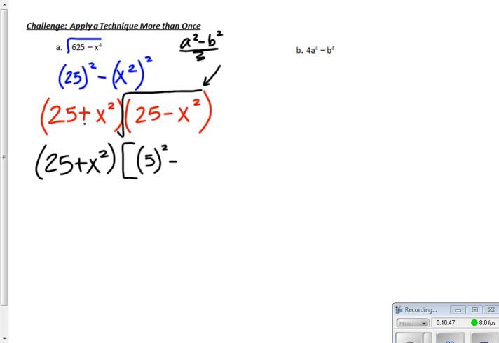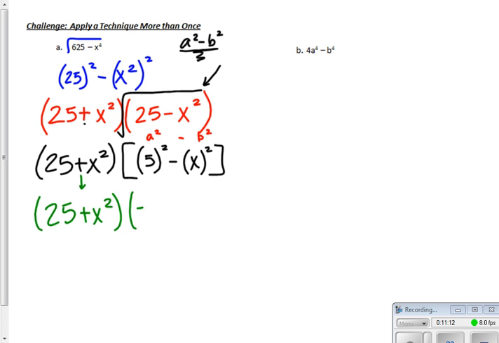Well, we can figure out the square root of x squared. That's really going to give us x. Square it. So now we rewrite this as it would be for a squared minus b squared. So your actual answer here would be 25 plus x squared. When you take this form here, you would actually wind up with 5 plus x and 5 minus x. This would be our answer here.